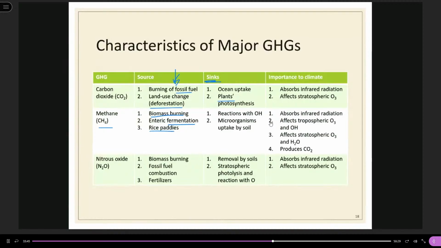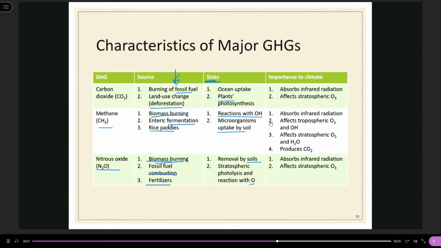For the sink, methane can react with OH, and the microorganisms in the soil can also take up methane. For nitrous oxide, once again, burning fossil fuels, and fertilizers. For the sink, nitrous oxide can be removed by the soil, and by stratospheric photolysis and reaction with oxygen.